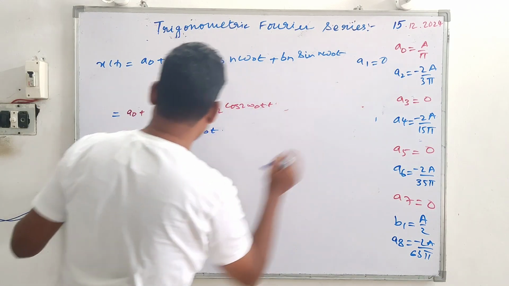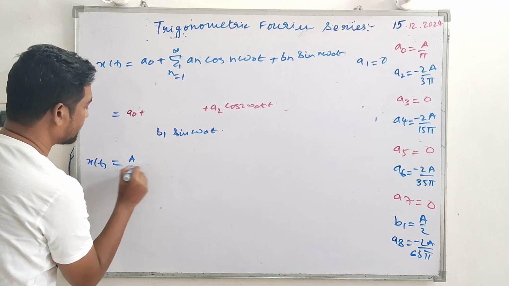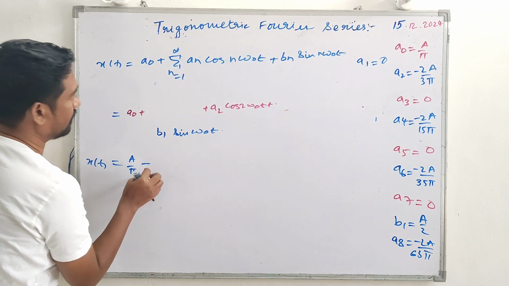A0 is, what's A0? It's a by pi. A by pi plus, no, we have minus. Why?